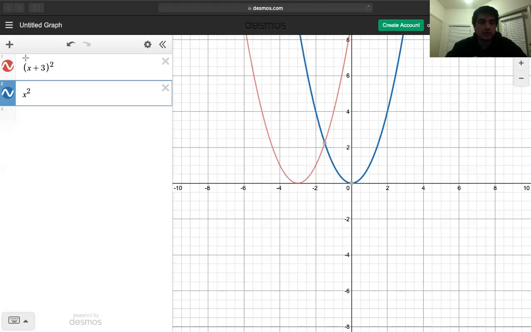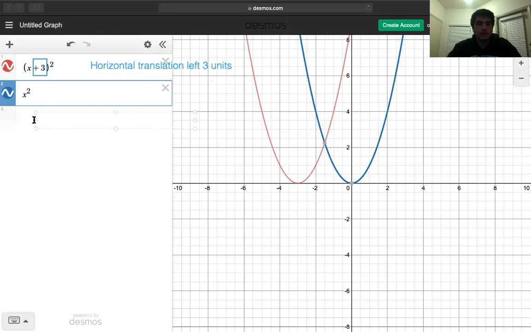With horizontal translations, we look inside the parentheses here, okay? So that parentheses tells us that there's a horizontal translation left 3 units, okay? See, that's what that +3 tells me, okay?